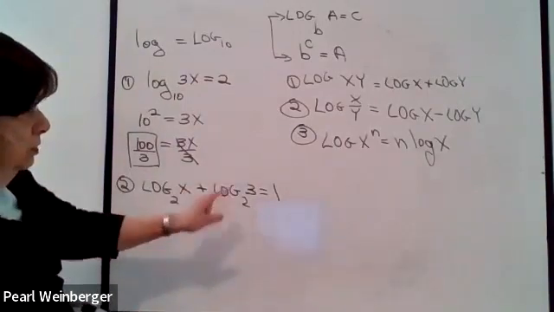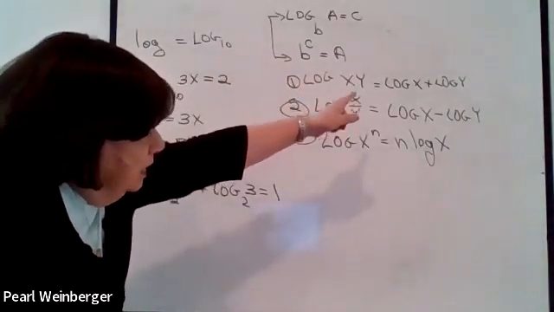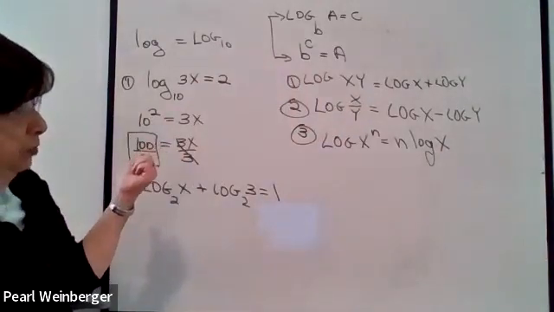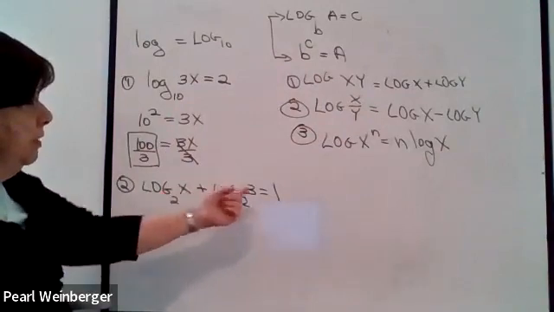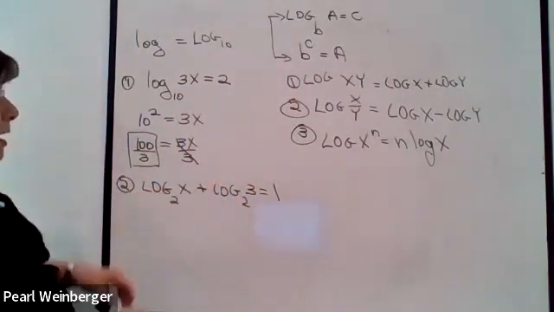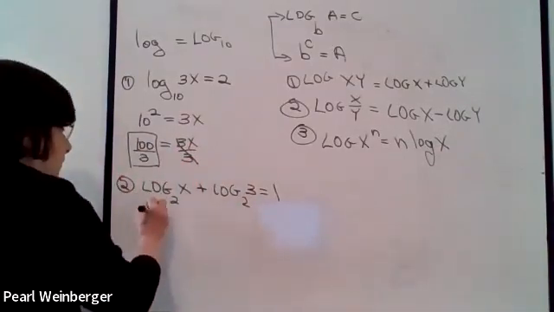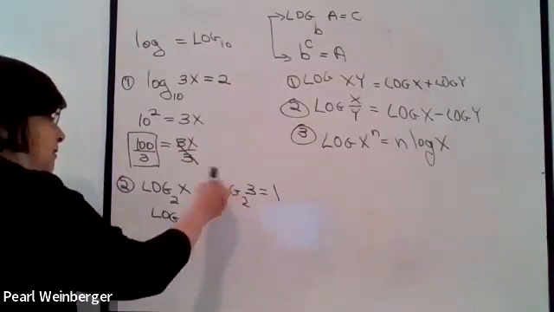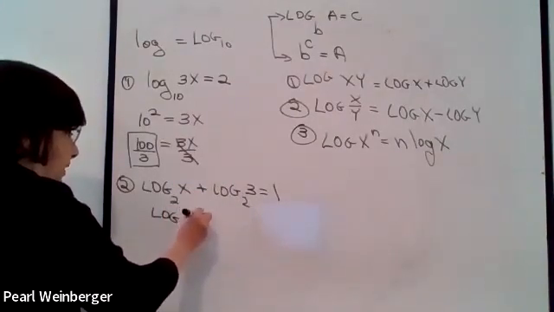In other words, if I'm going backwards, if I'm adding 2 logs, if I have log x plus log y, that really means I'm multiplying the numbers. So when I have 2 logs being added and I want to contract it to a single log, I've got to take the 2 numbers and multiply them. This is x times 3, which I'm going to call 3x.